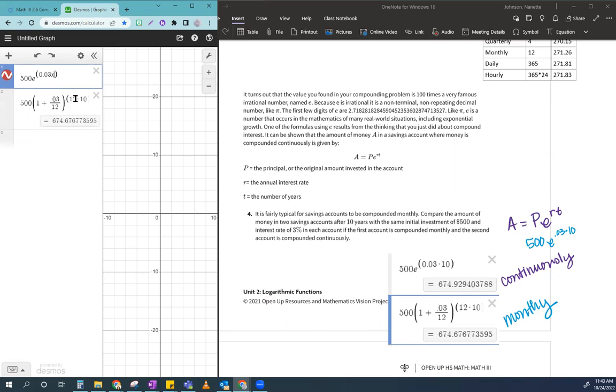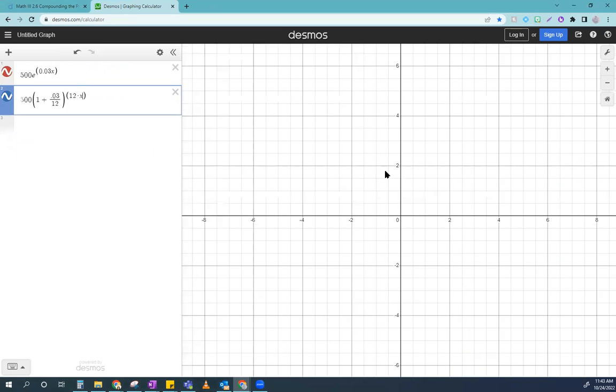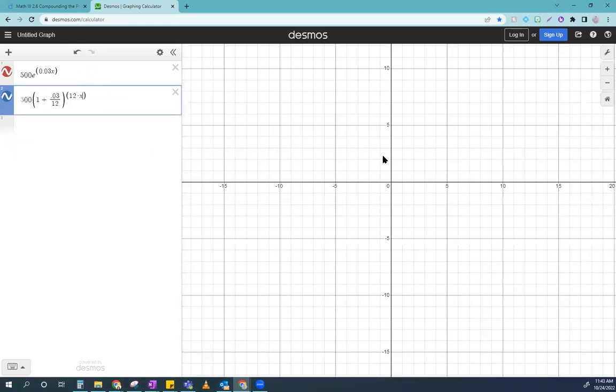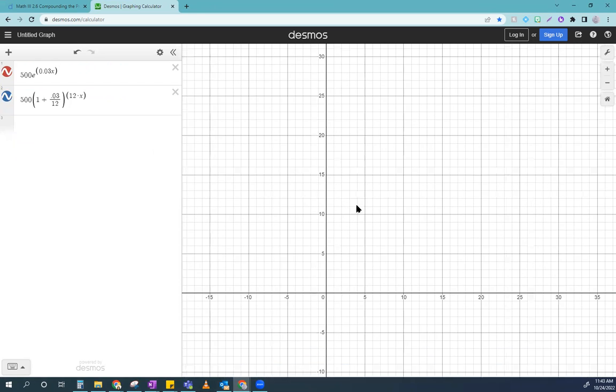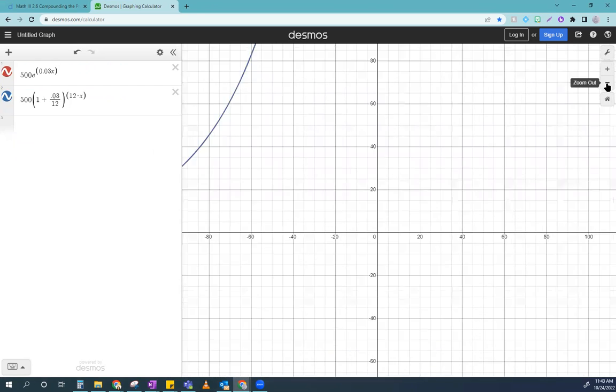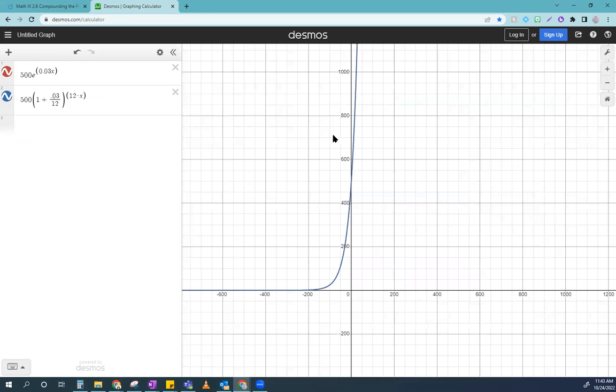No! Oh, look, undo works. Yay. Okay, so here are my two graphs, and I'm zooming out because I can't see my 500. There he is. There you go, there are your two equations.